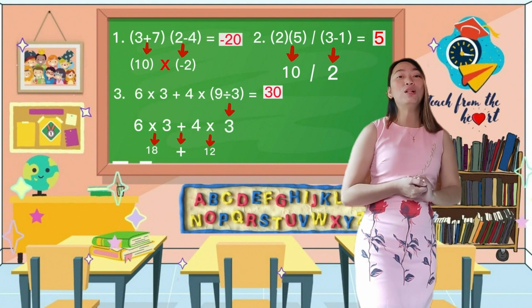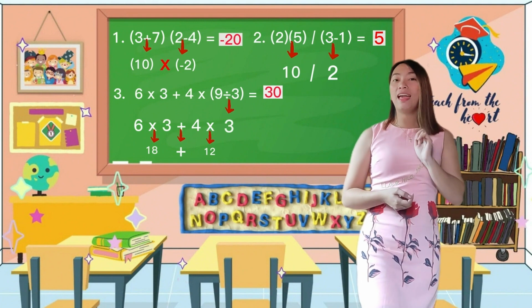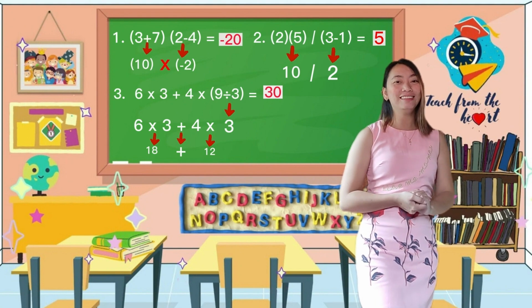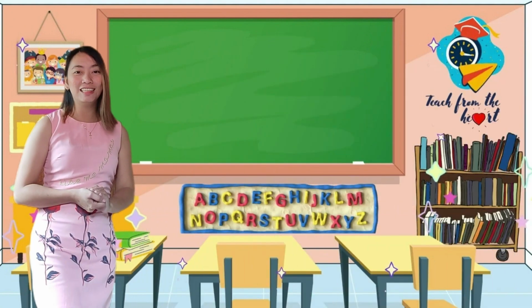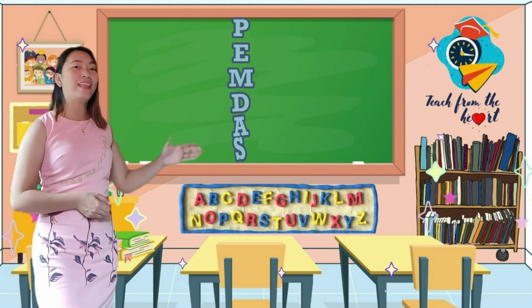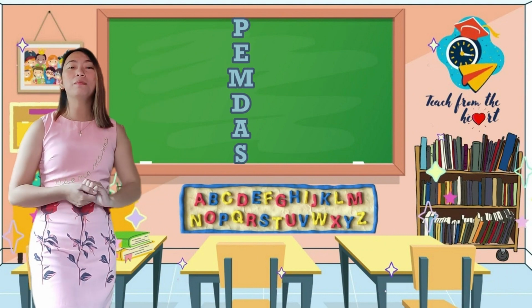Wow! Since you all got the correct answer, may I ask, how did you solve the multi-operation mathematical expression? Correct! By following the rules of PEMDAS. And what does PEMDAS stand for?